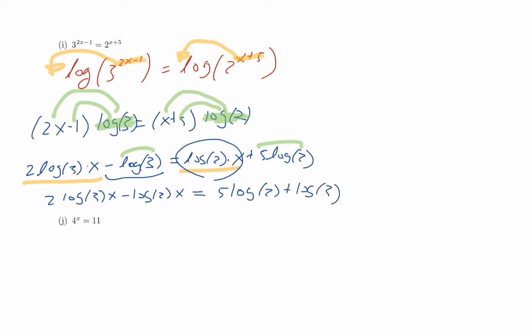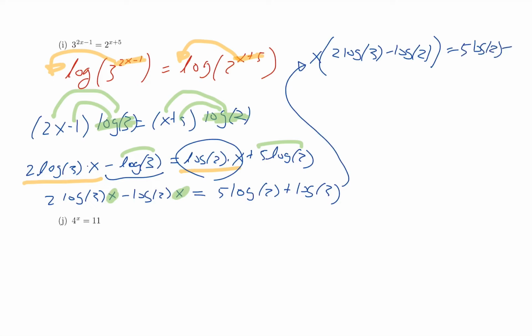So now what I do, I factor x out here. Let me rewrite it right here. I'm going to factor x: x times (2 log 3 minus log 2) equals, the right side just stays as it is, 5 log 2 plus log 3.